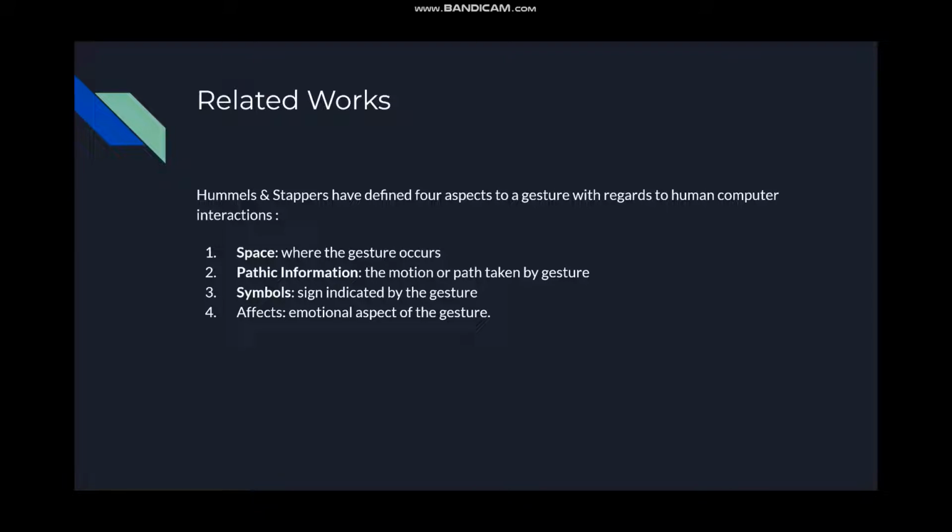And effects, which is a little bit more ambiguous, the emotional aspect of a gesture, which isn't entirely applicable to my project at hand, but is still important to mention nonetheless. An example of an effect in a gesture could be tracing a heart with your finger. That can have an emotional charge, and as such has an emotional aspect.